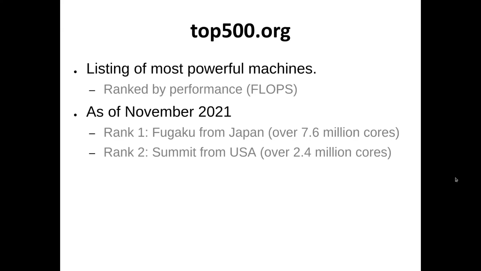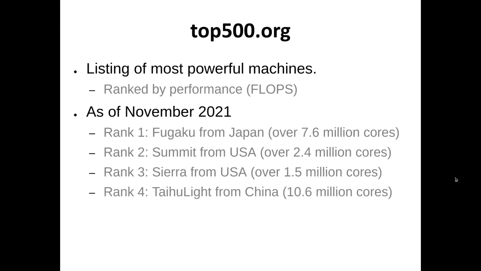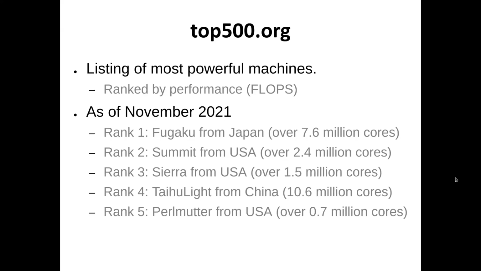And then there are 3 more which I'm going to list here, but there is a long list. So there is Sierra from, again, US, and then Taihu Light from China, which at some point in time was the first one. And then there is Pearl Butter, which is again from US, which has close to 1 million cores.